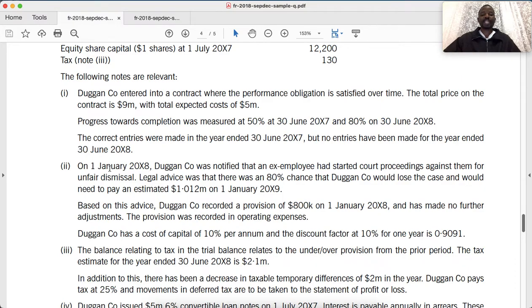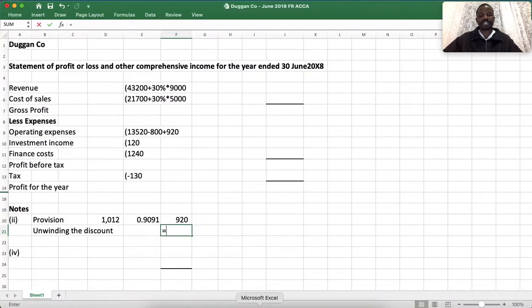That's 6 months. So we unwind the finance cost for 6 months. So we say 920 multiplied by 10% multiplied by 6 out of 12. So we only unwind 46. We have got the finance cost of 46. Let's go here and add 46 like that.